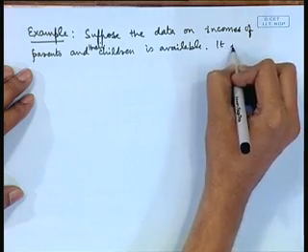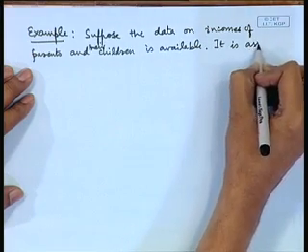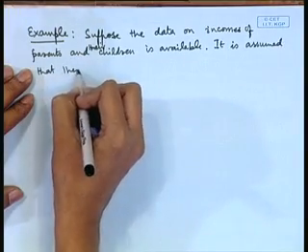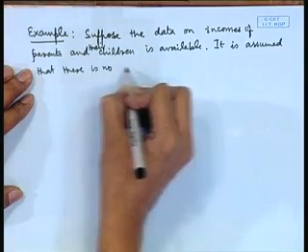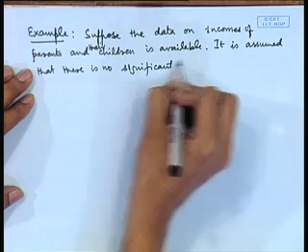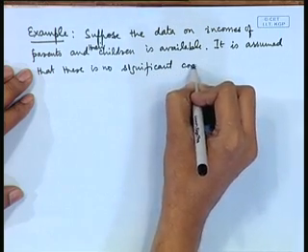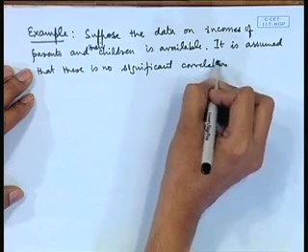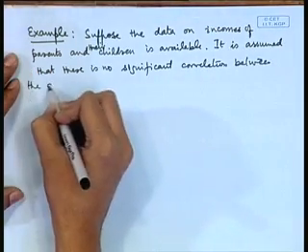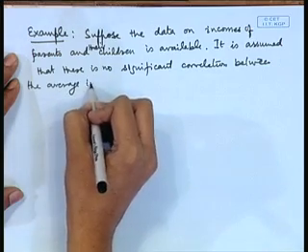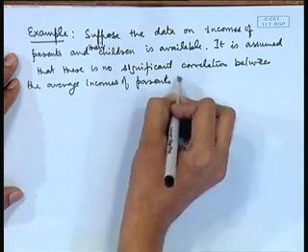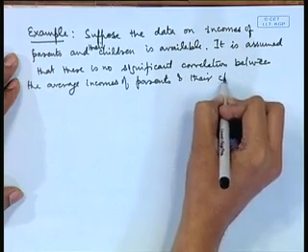It is assumed that there is no significant correlation between the average incomes of parents and their children.